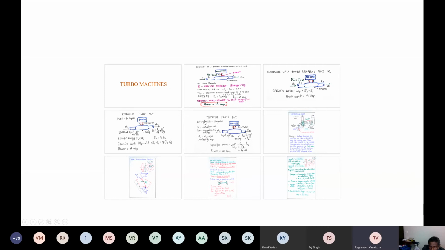What all materials could be used? Cast iron. Cast iron, then only cast iron. Mainly some materials to avoid corrosion because water is involved.